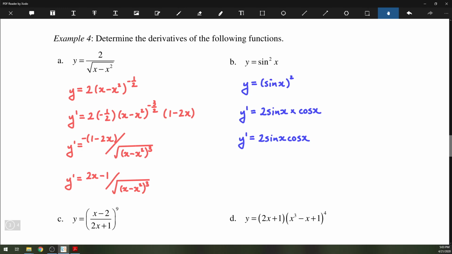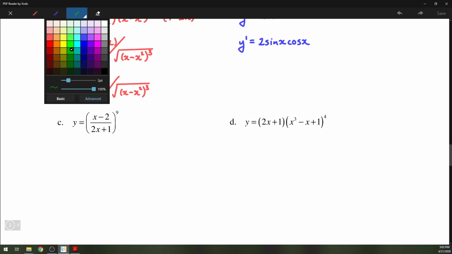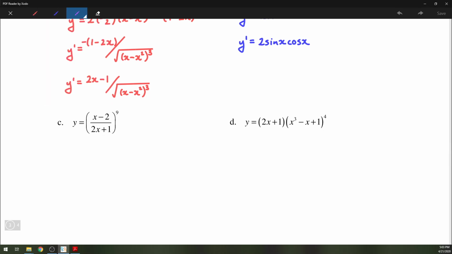Okay, so the next couple, these are the tougher ones because you can see they involve both the chain rule and also the quotient rule in letter C, and then the product rule in letter D. But that's okay. You can only apply your rules one at a time. So y prime is equal to 9, and then the inner function is x minus 2 over 2x plus 1, and of course, this will be now to the 8th power.